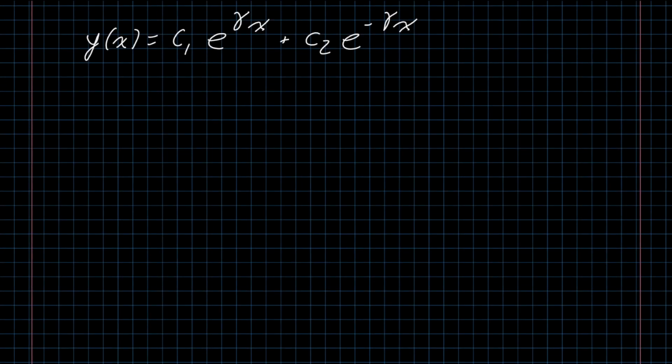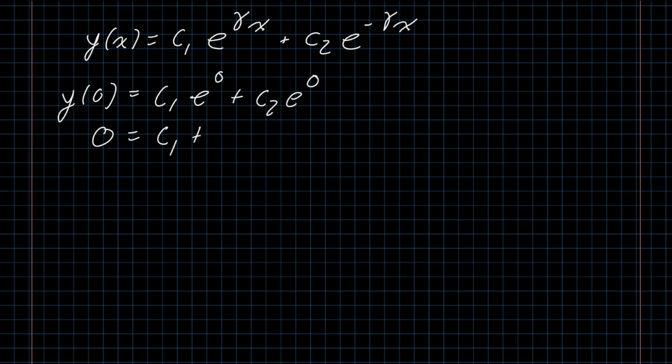Now we can plug in our boundary conditions. The first one, y of 0, c1 e to the 0 plus c2 e to the 0. Anything raised to the 0 power is 1. So we really here have c1 times 1, which is just c1, and c2 times 1, which is just c2.